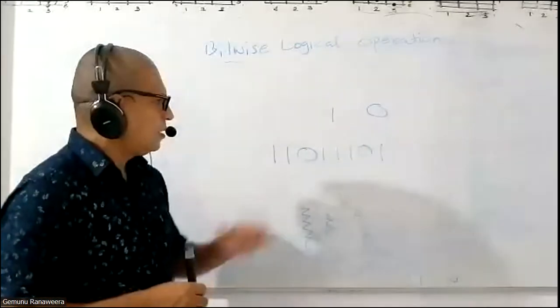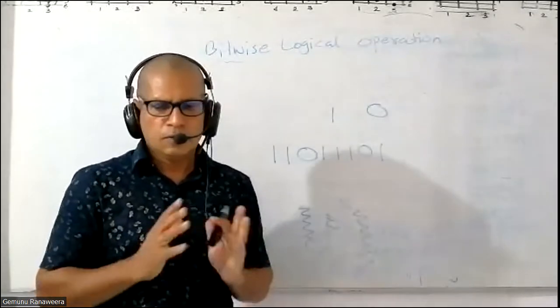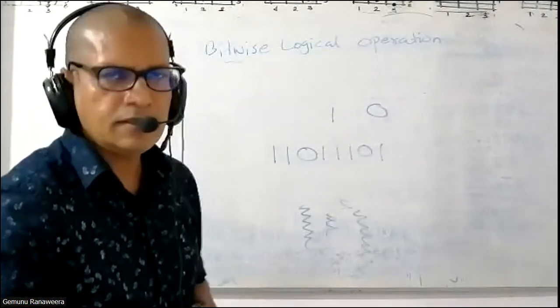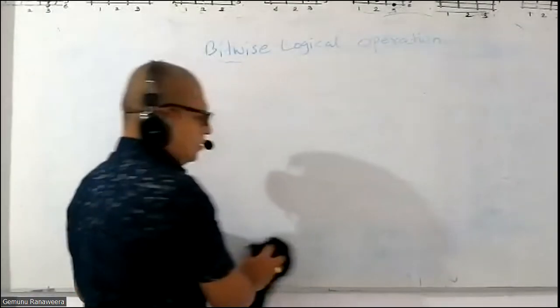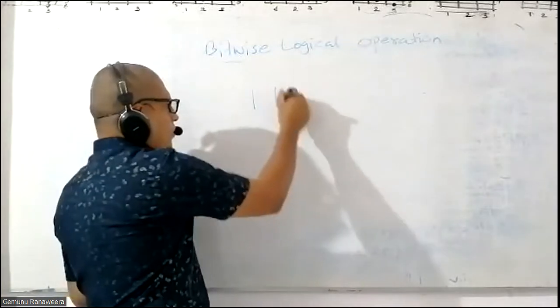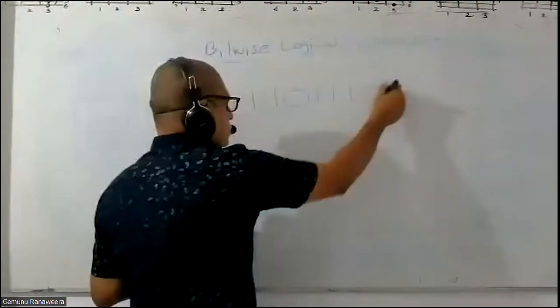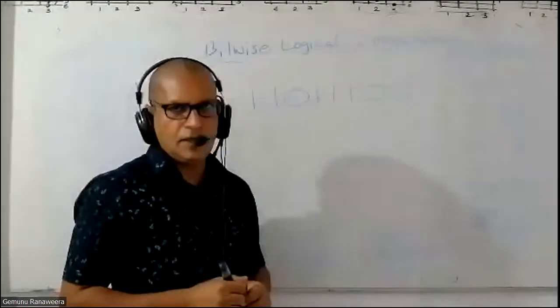So there is a bitwise logical operation. For the bitwise logical operations, you need a bit stream. We usually take 2 bit streams. So let's take 1 bit stream here, 1, 2, 3, 4, 5, 6, 7, 8. So there is 1 bit stream with 8 bits.